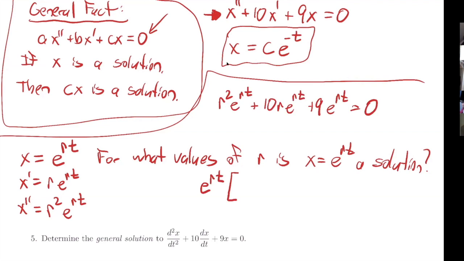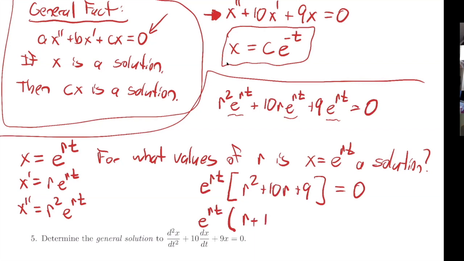And so what we can do is factor out an e to the RT from each of these terms up here. And what's left is R squared plus 10R plus 9. And that should equal 0. And this, we can factor, for example, into R plus 1 and R plus 9.